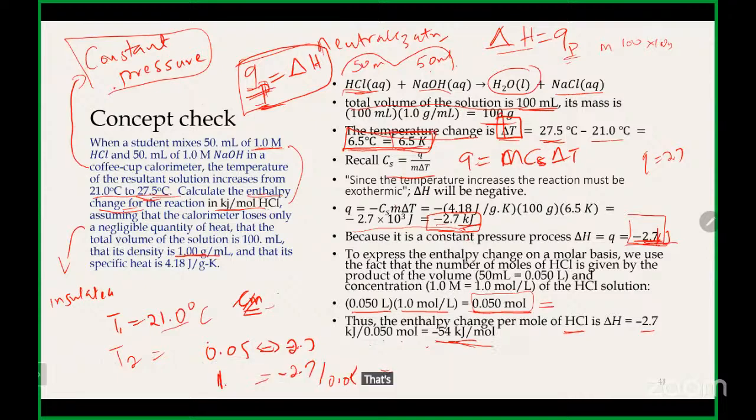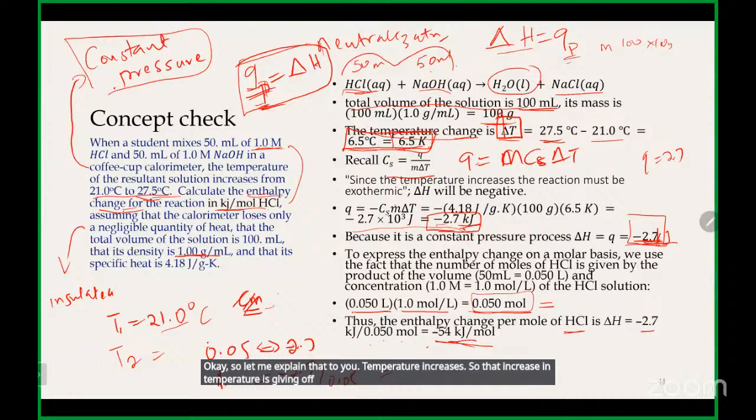Let me see. The temperature of the resultant solution increases. Okay, so let me explain that to you. The temperature increases, so that increase in temperature is given off to the surroundings.